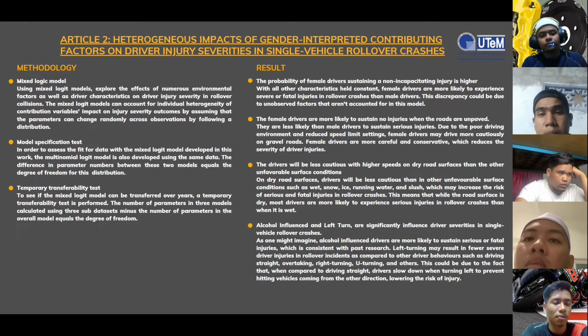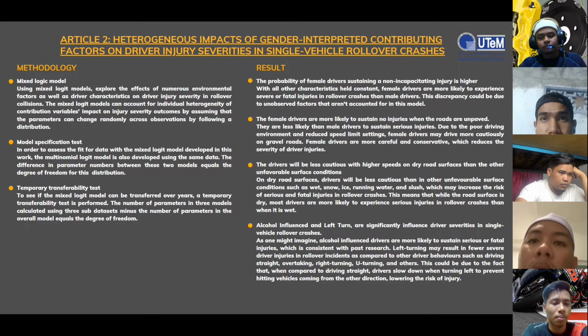Second, model specification test. The difference in parameter numbers between the two models equals the degrees of freedom for this distribution. The third, the temporal transferability test. To see if the mixed logit model can be transferred over the years, a temporal transferability test is performed.